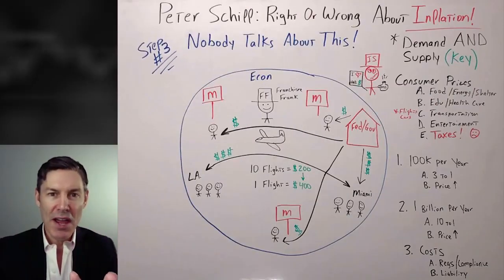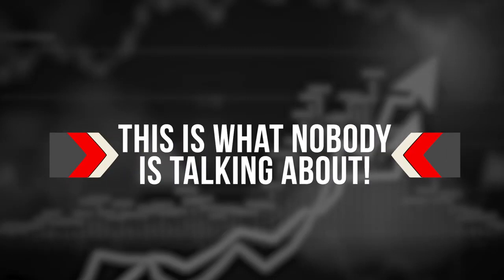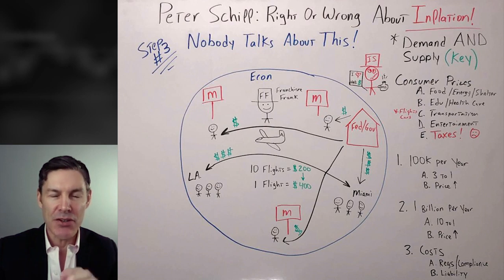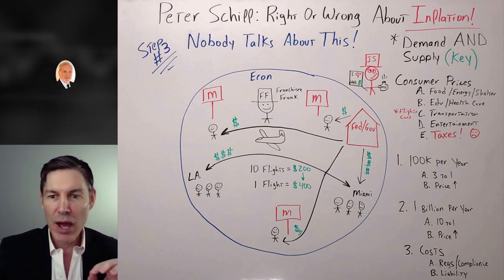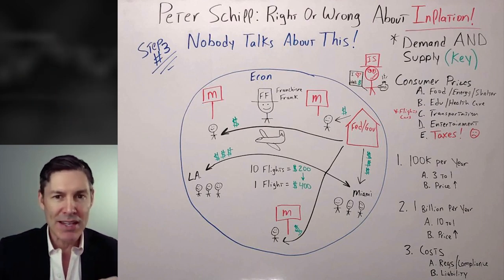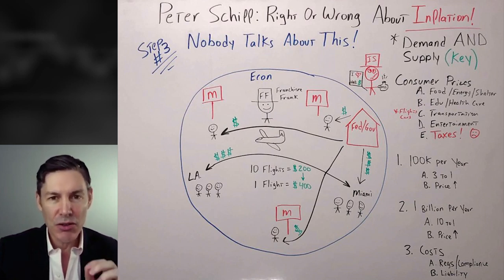Step number 3. This is what nobody is talking about, but it's the key to understanding whether or not Peter Schiff is right about inflation. So everyone looks at the demand side of the equation, but they forget the supply side, and that is crucial.